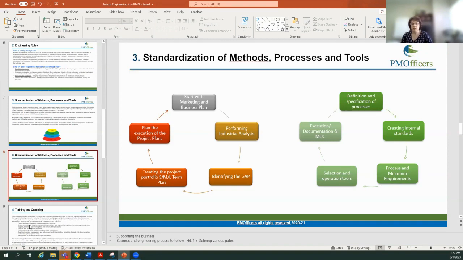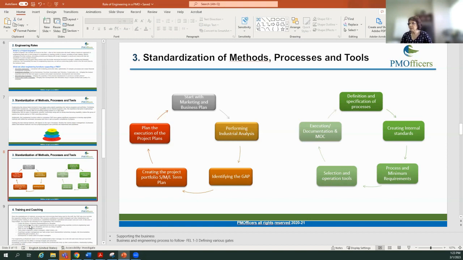From the engineering side, you can almost go through the definition and the specification of the processes, generating various internal standards. We know that each country, each region, maybe each location has certain standards that they're governed by, but creating an engineering internal standard for the company, making sure that we have the McDonald's model, that no matter from where our products are coming out, they always have the same look and the same feel.